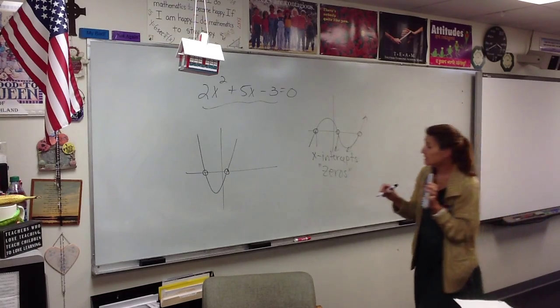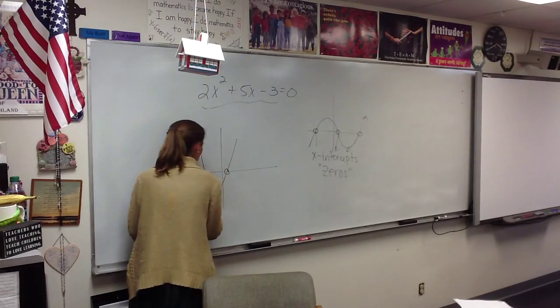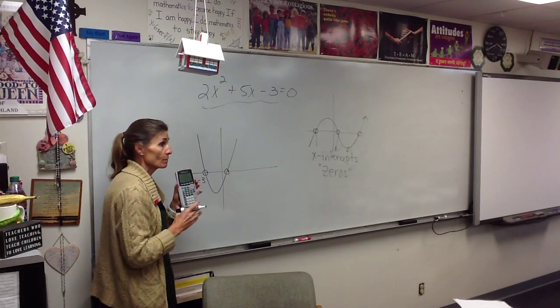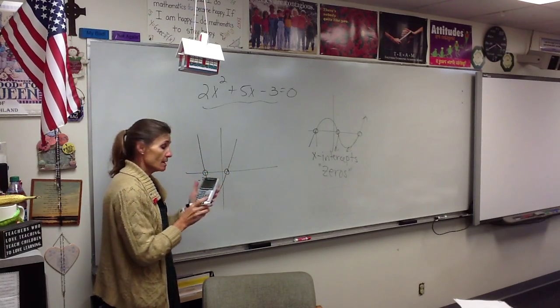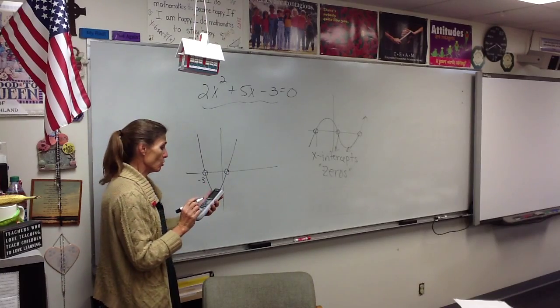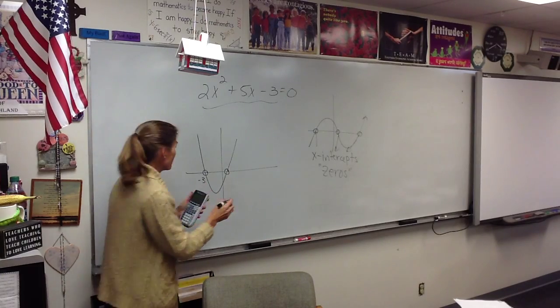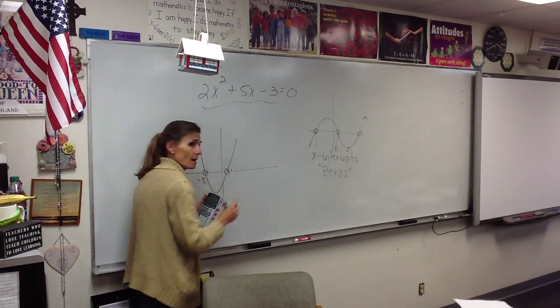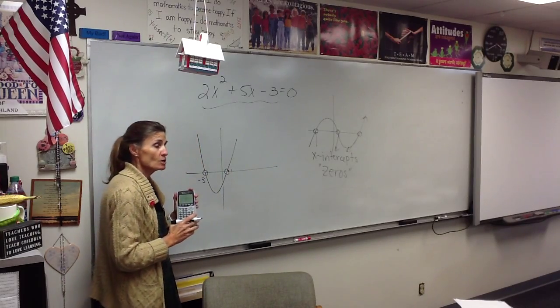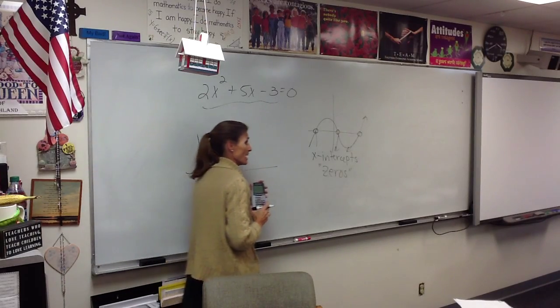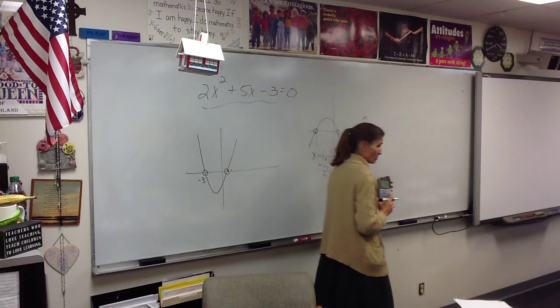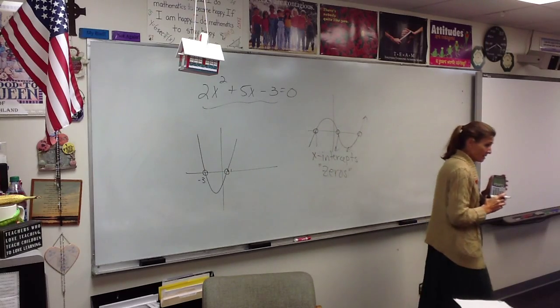So it looks like this point is at negative 3, doesn't it? And that's great. The other point, though, looks like it might be somewhere in between a couple of hash marks. So that one's going to be a little harder to find. So I'm going to tell you how to find those points.